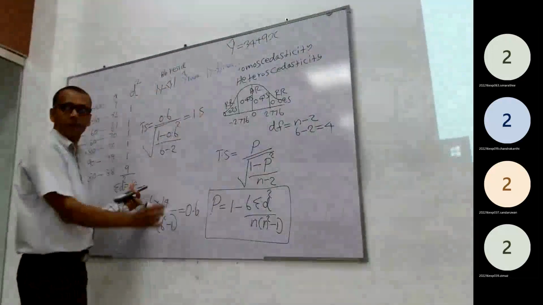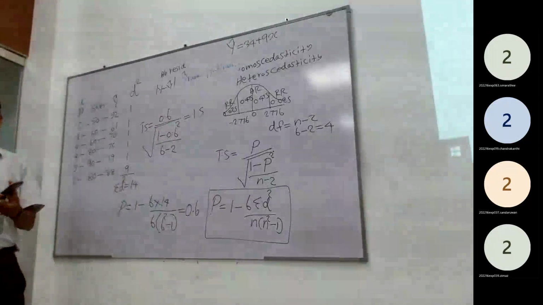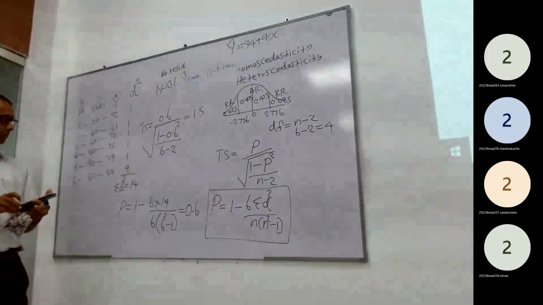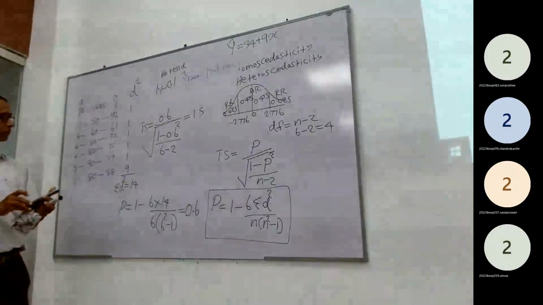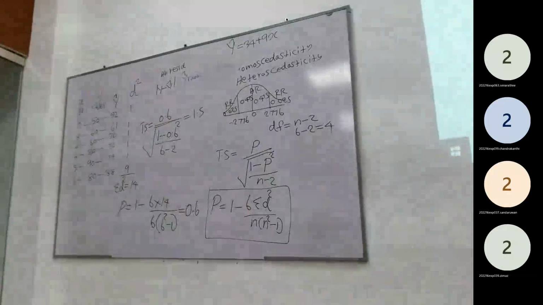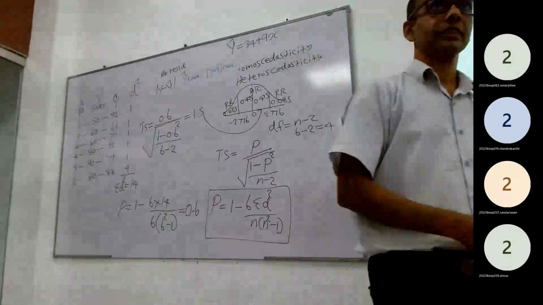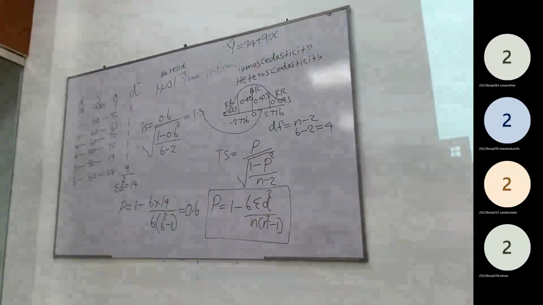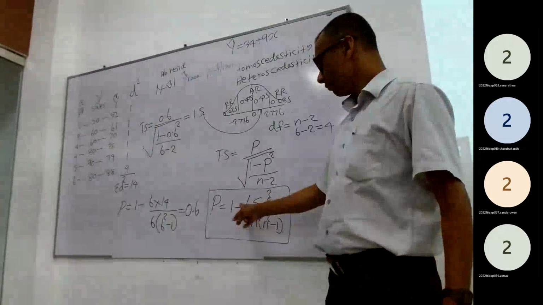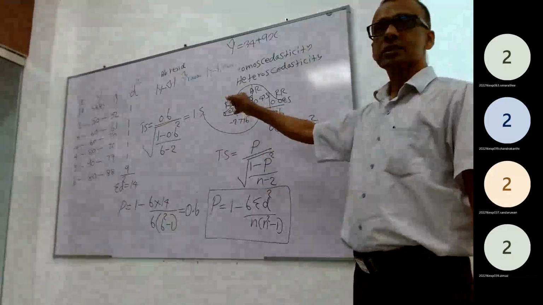The test statistic is 1.5. Now take the decision. This belongs to the acceptance region.